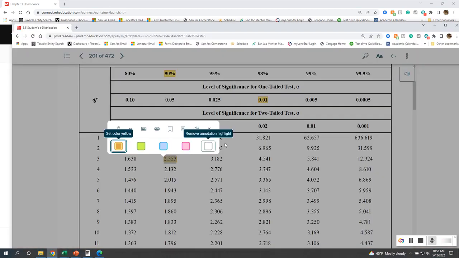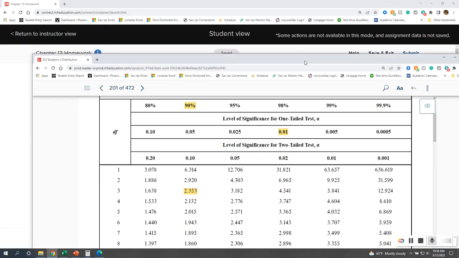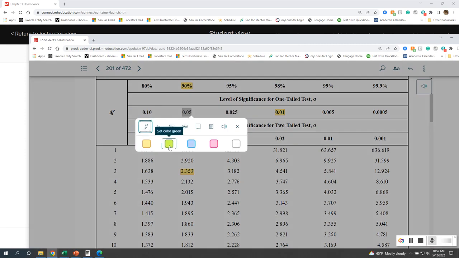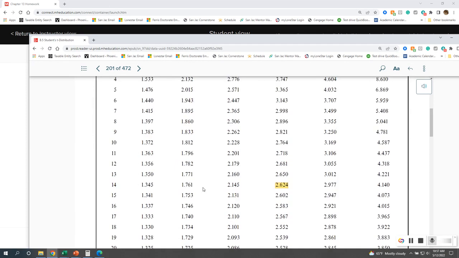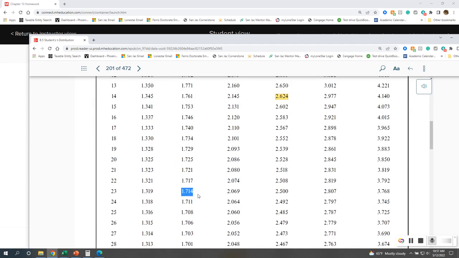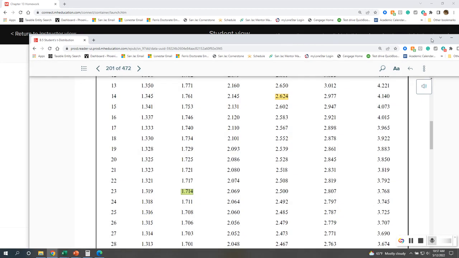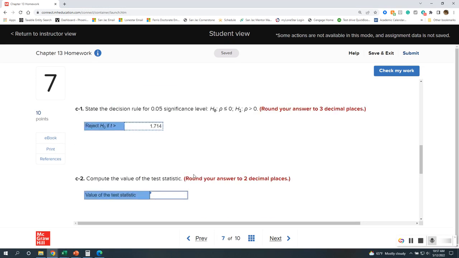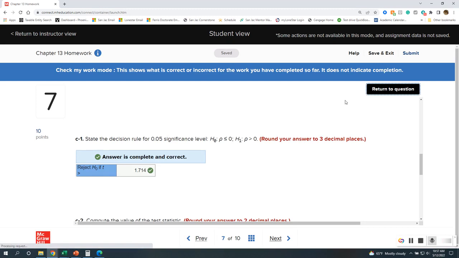So, here on our book, again, we're using 0.05, one-tail, and we're going to be looking for 23. So 1.714. Okay, check. Make sure we got the right one. We did.